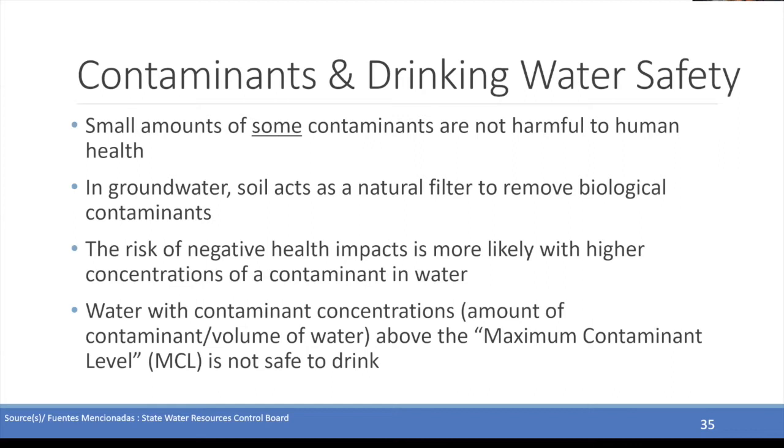The risk of negative health effects is higher when concentrations of a contaminant in water are also higher. And water with contaminant concentrations, so the amount of a contaminant over the volume of water, above what is called a maximum contaminant level, or an MCL, is not safe to drink.